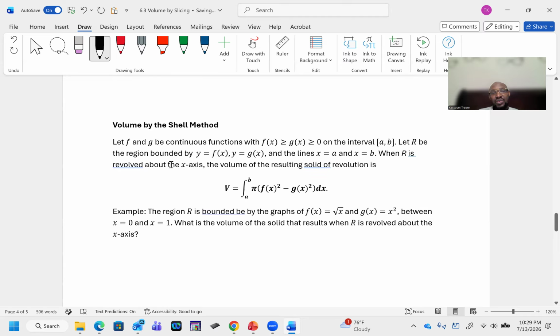When R is revolved about the x-axis, the volume of the resulting solid of revolution is V equals the integral from a to b of pi times (f of x squared minus g of x squared) dx. So this is between what? Two functions, right? If it's revolved. So let's go ahead and do this example as well.